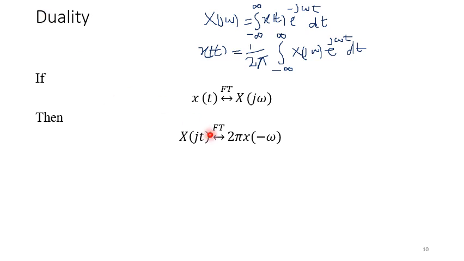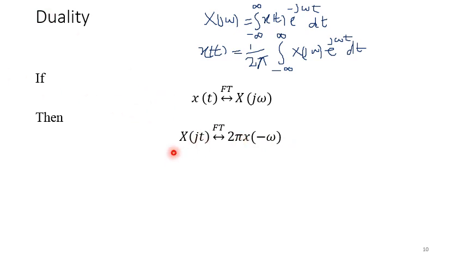So we can say that x of t has continuous time Fourier transform x of j omega, and if I replace the omega by t and scaling factor of 2 pi, so that means x of jt, you understand I have replaced omega with t here, so now instead of x of j omega we have x of jt, so its Fourier transform will be 2 pi x of minus omega.